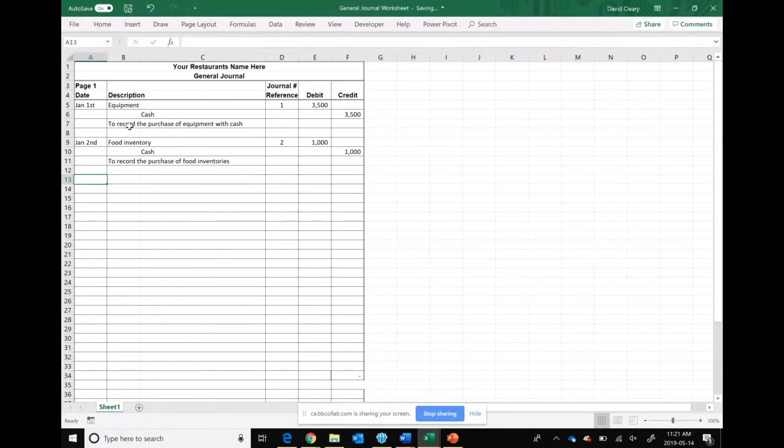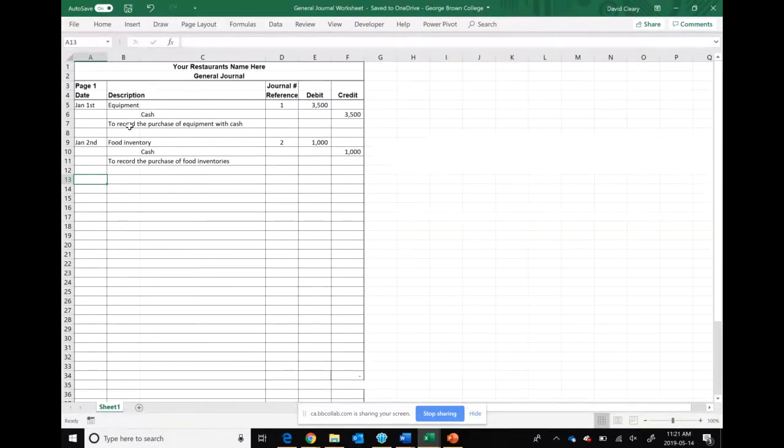It's important to note that the layout of this is quite important. To be in good form, a journal entry's first account must be the account that is being debited. The second account must be indented and be the account that is being credited. It must have a reference number. If there is no reference number, make one up.